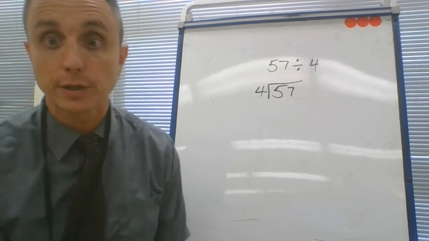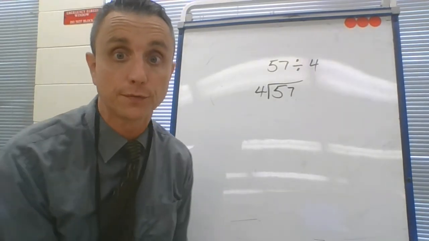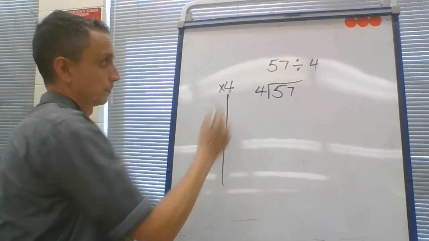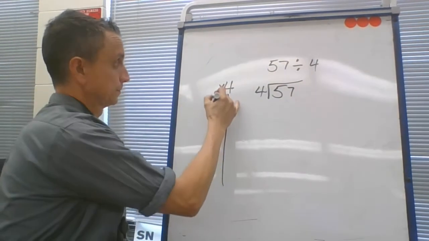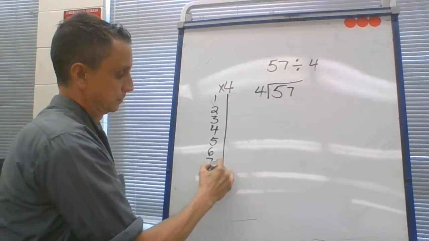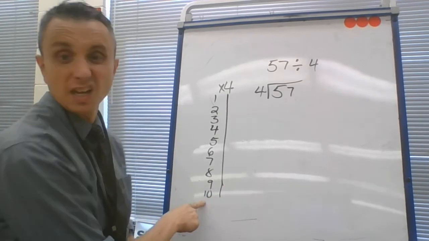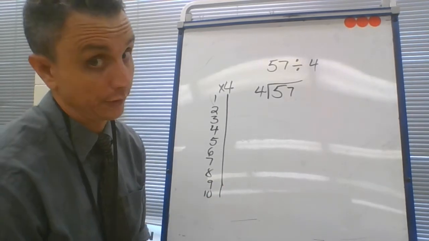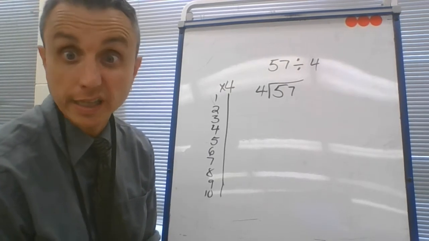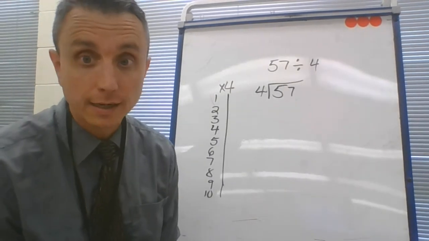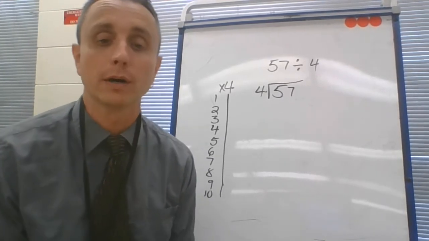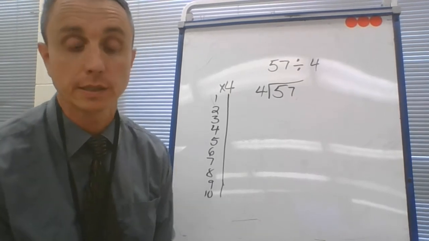All right, so first thing we're going to do is write down our multiples of 4. Times 4 facts. I like to go to 10 because it makes life pretty easy. Do you remember what goes on the other side? Well, your answer was either I forgot, or it was 4, 8, 12, 16, and so on.